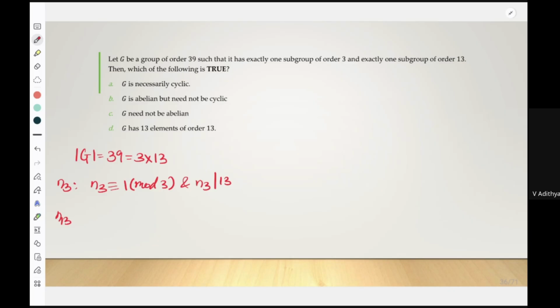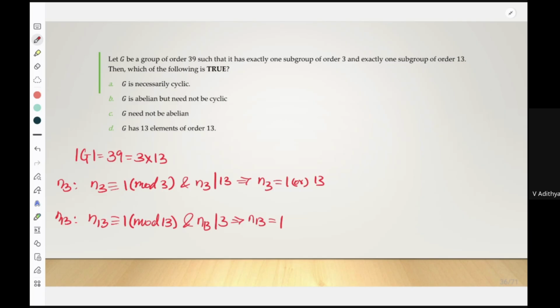So this implies N3 equals 1 or 13, because 13 is also congruent to 1 mod 3. Here, of course, you will have N13 is congruent to 1 mod 13, and N13 divides 3. So N13 has to be 1.